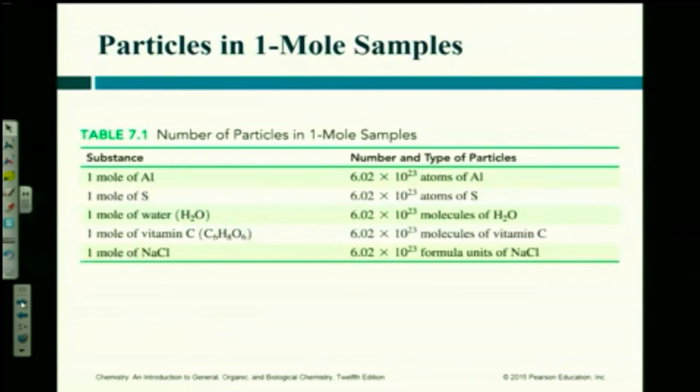Yeah, but water has 2 elements and it's a molecule. Why sodium chloride? Why do we use formula units and not the word molecule? It's an ionic compound. Because it's ionic. It's not a molecule. When you have ionic compounds that are not molecules, you talk about formula units.